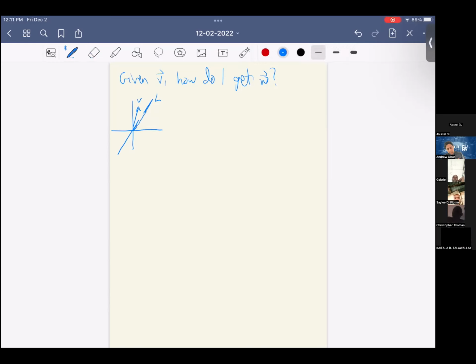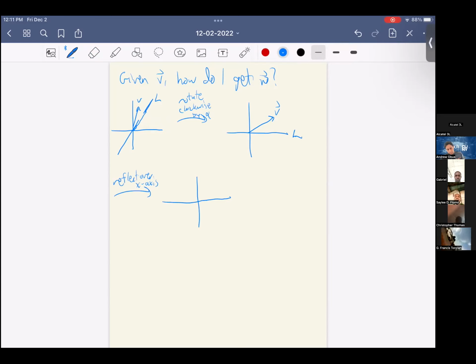So I start with this line L. Now rotate clockwise by alpha. So now I have my new v, which looks like this, and now my line L looks like this. Then I reflect over the x-axis. That's going to give me my new thing over here, which I'm going to call w now that I've done the reflection.